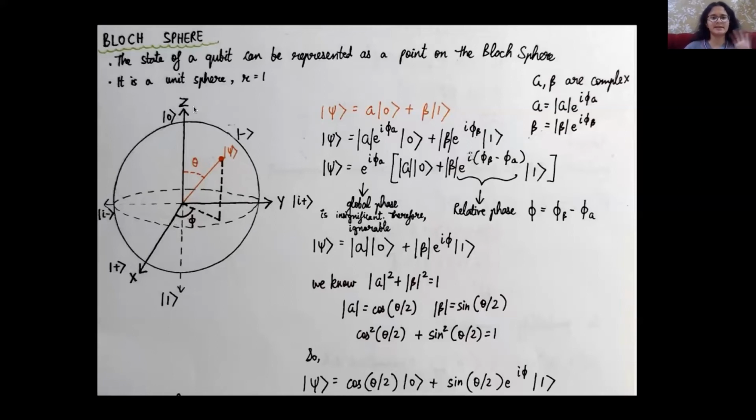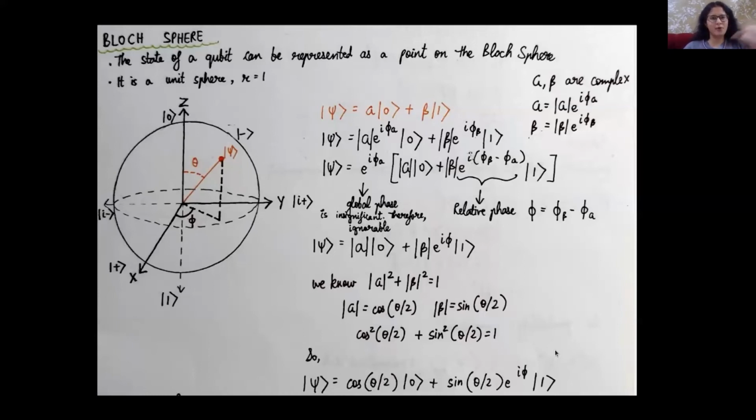Like if you look from the top, from ket 0's direction, then it can be anywhere on the sphere. It can be anywhere with respect to this circle, this cut that you see. So basically it's a 2D vector, and then it can be in any orientation about the z-axis or ket 0. So using theta and phi, we can represent any point.